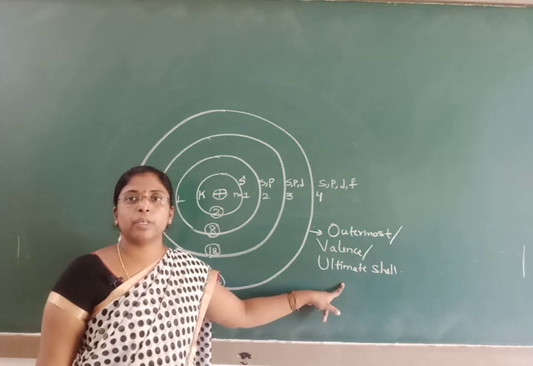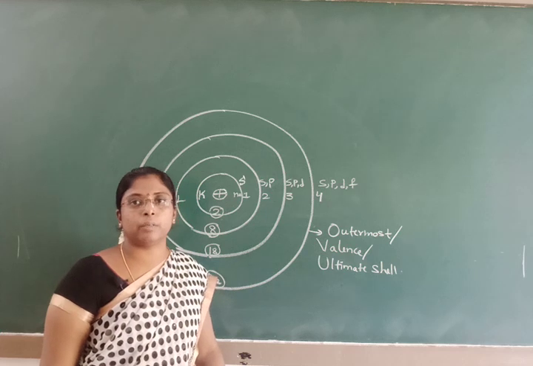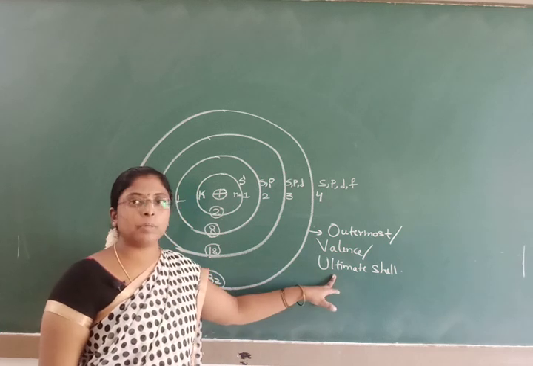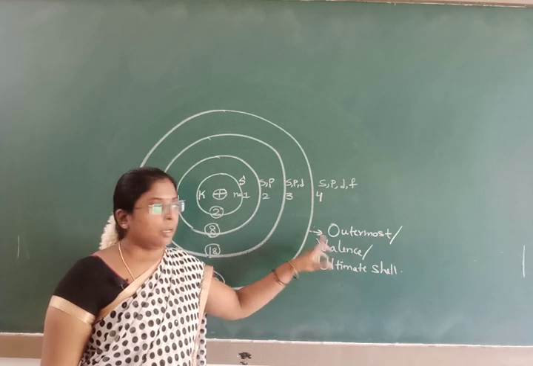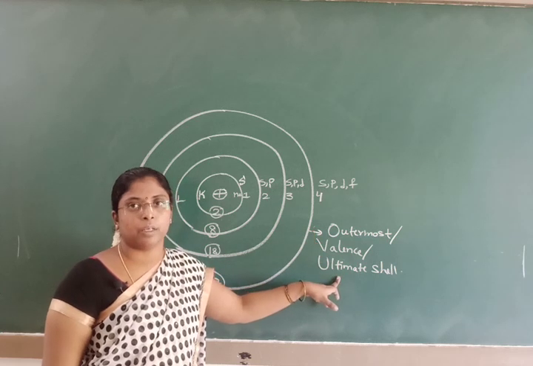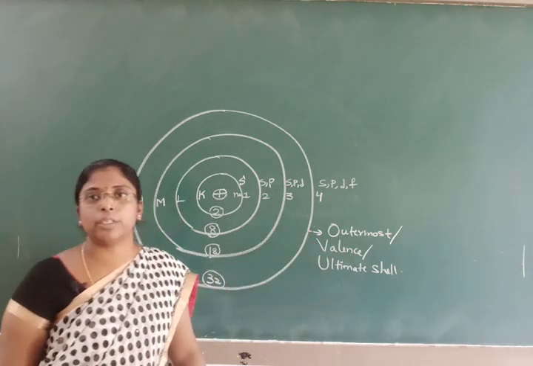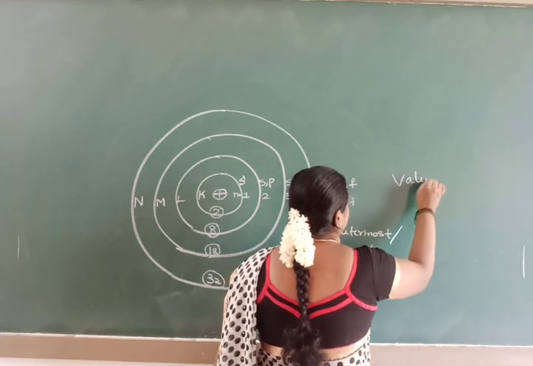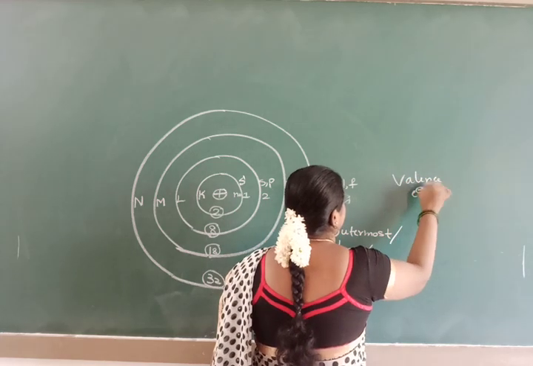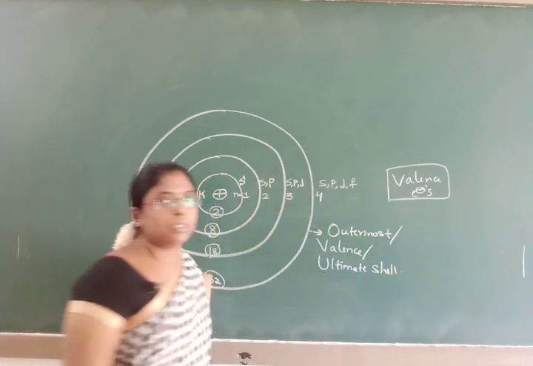In competitive exams they may ask you the number of electrons present in the ultimate shell. Ultimate is nothing but the valence shell or outermost shell. The electrons present in this outer shell are known as valence electrons. The number of electrons in the outermost shell is the number of valence electrons.